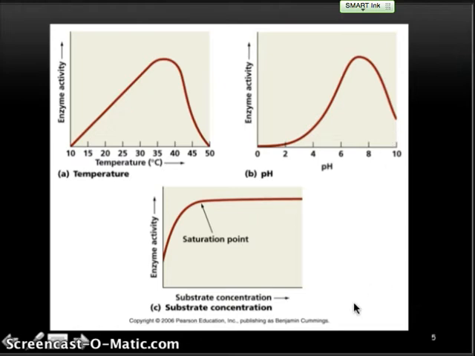And then in the last graph, we see substrate concentration. What happens to enzyme activity as you add more substrate? As you add more substrate, enzyme activity increases, but only until a certain point, because each enzyme can only work so fast. So even if you add more ingredients, it can still only make a certain amount of product at a certain speed.